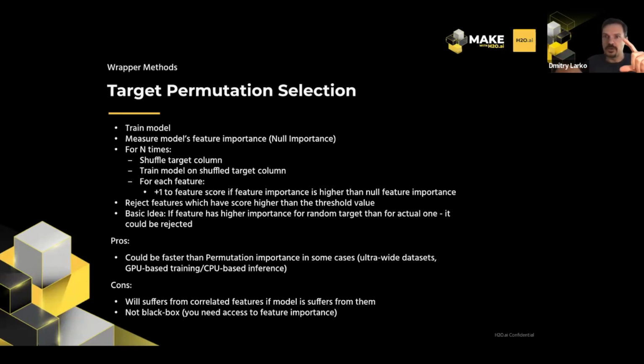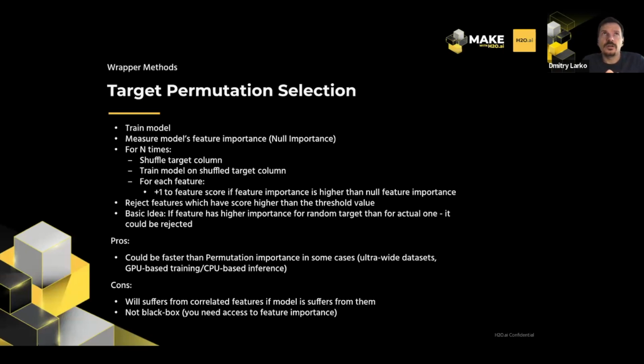There's supposed to be no connection between the samples and the target because we shuffled it. We train a model on this shuffled data set and measure the importance. If the importance of a particular feature on the shuffled target is higher than on the original one, that's a suspicious feature for us.